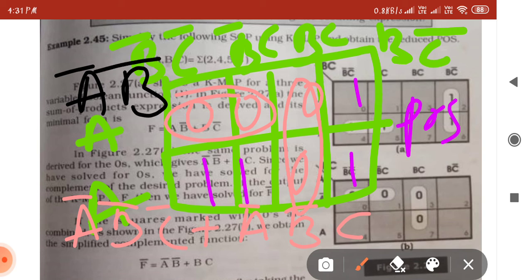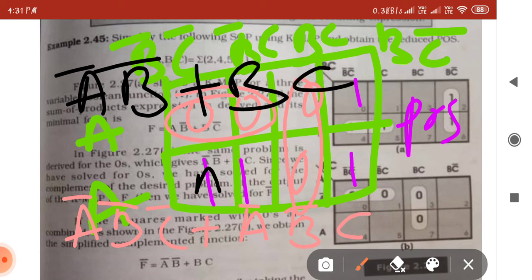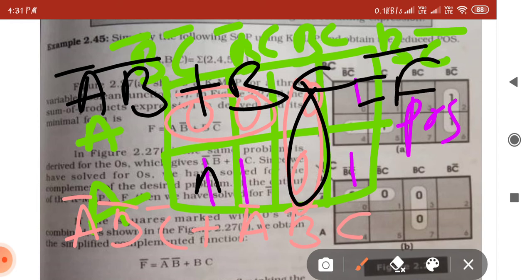Plus one more equation, A B C. Which one is common here? B C is common. B C will come from this equation. A bar B bar plus B C is the equation, but how will you write f complement?